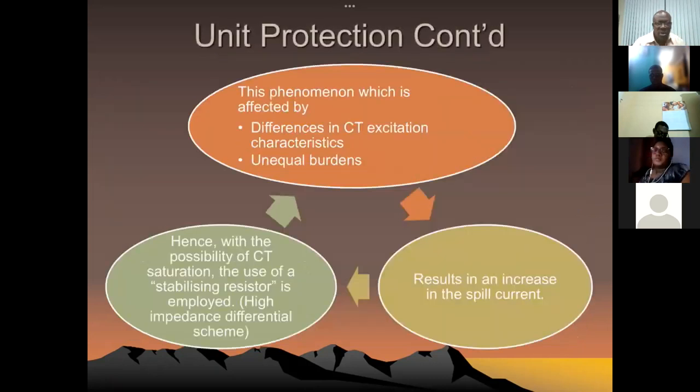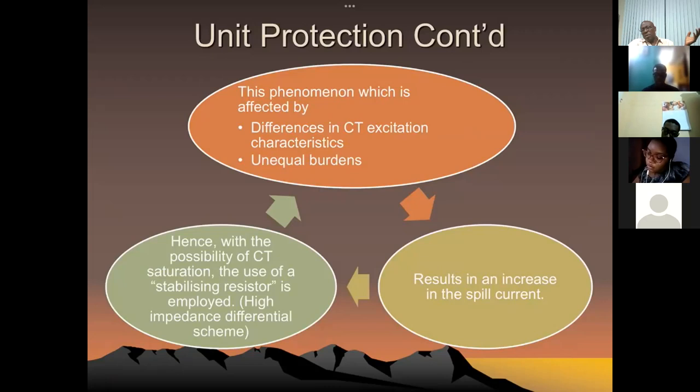So before we do that, here are the points. One, the phenomenon that we just mentioned occurs because you have differences in CT excitation. You may have unequal burdens, meaning based on what you're protecting, the distances between the CTs and the relay point may be different.